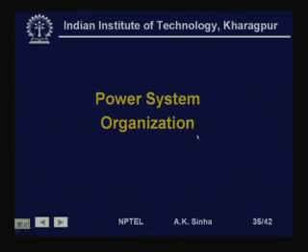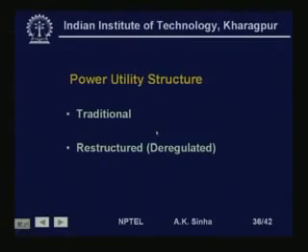Now, power system operation and its organization. Earlier power systems, which we call the traditional power system, were what we termed vertically integrated systems, where generation, transmission, and distribution were all controlled by a single entity.